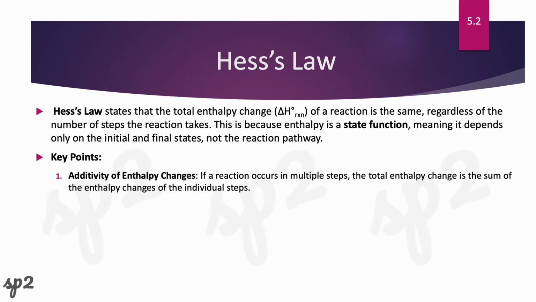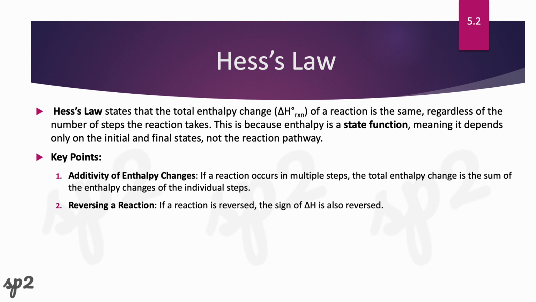The first one is the additivity of your enthalpy changes. So this means that if a reaction happens in multiple steps, the total enthalpy change is going to be the sum of the enthalpy changes of all of those individual steps. The second one is reversing your reaction. So if you happen to reverse a reaction, you need to change the sign of your delta H, right? And that totally makes sense.